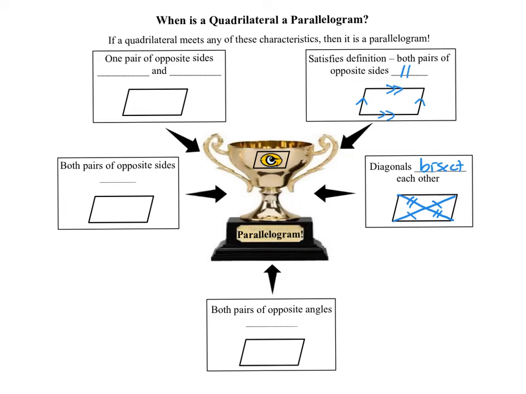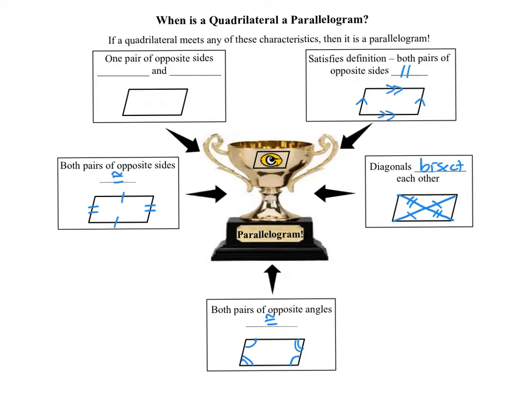If the diagonals bisect each other, that's enough to guarantee that the quadrilateral is a parallelogram. Next, if both pairs of opposite angles are congruent, that would be enough to guarantee a parallelogram. On this diagram, go ahead and indicate both pairs with arcs. Next, if both pairs of opposite sides are congruent, that would be enough to guarantee that the quadrilateral is a parallelogram.